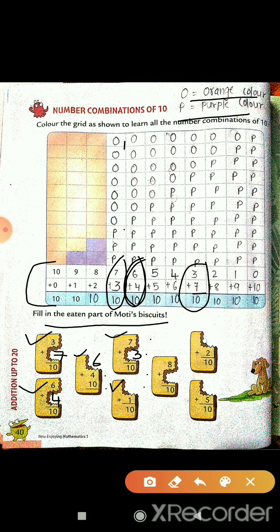Next, dash plus 1 is equals to 10. So 9 plus 1 is equals to 10. So you will write here 9. Got it, students? Now these remaining 3 you have to do by yourselves. This is your homework. Got it, students?